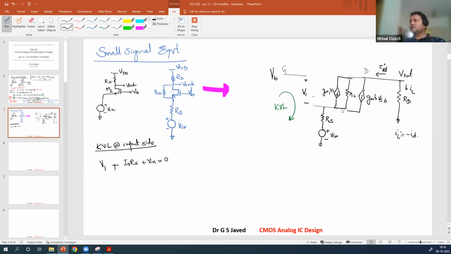Now this Is flowing here is the same current ID. ID is IL. IL is Vout by RD. So if you substitute, you get minus Vout by RD times Rs plus Vin plus V1 is equal to 0. This is the first equation. Second, let us have one more loop on the output side. So, KVL at output loop.